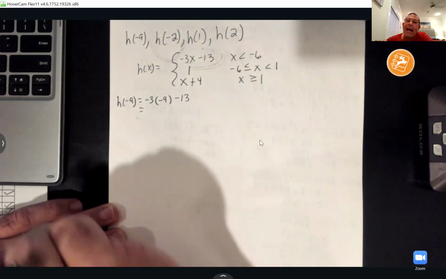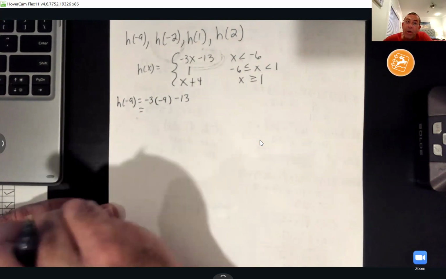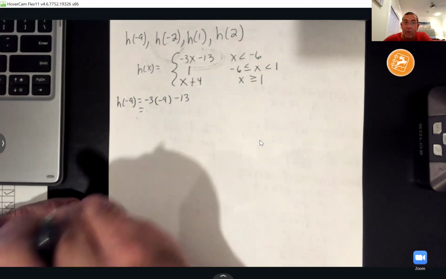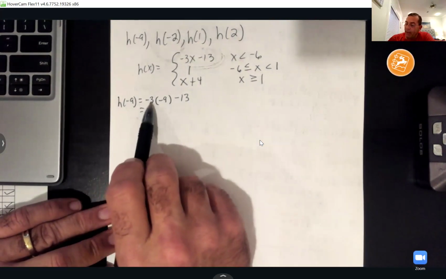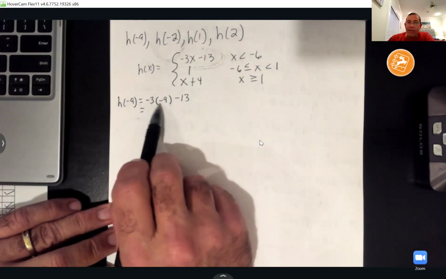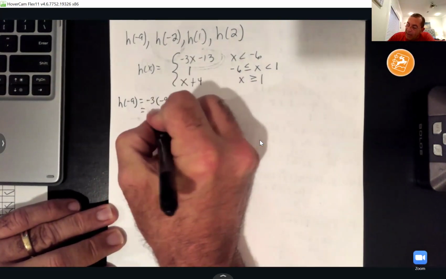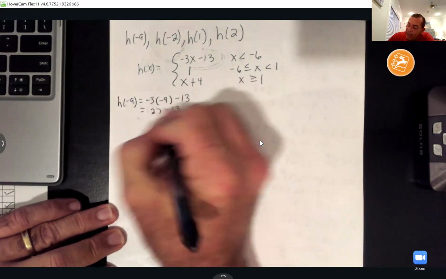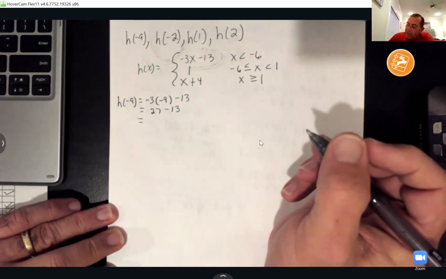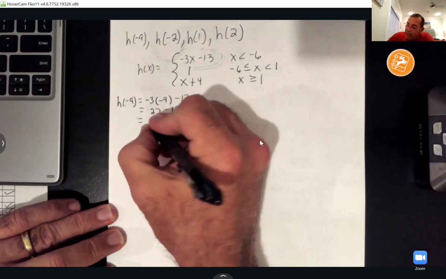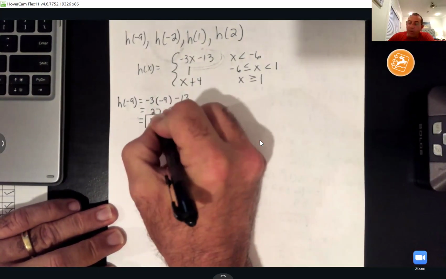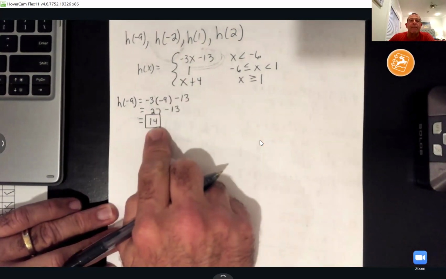So you actually got to find the values on number 18 we're doing, okay? So negative 3 times negative 9 is 27, minus the 13, and what's that? 14 for that one. So h of negative 9 will be the 14.